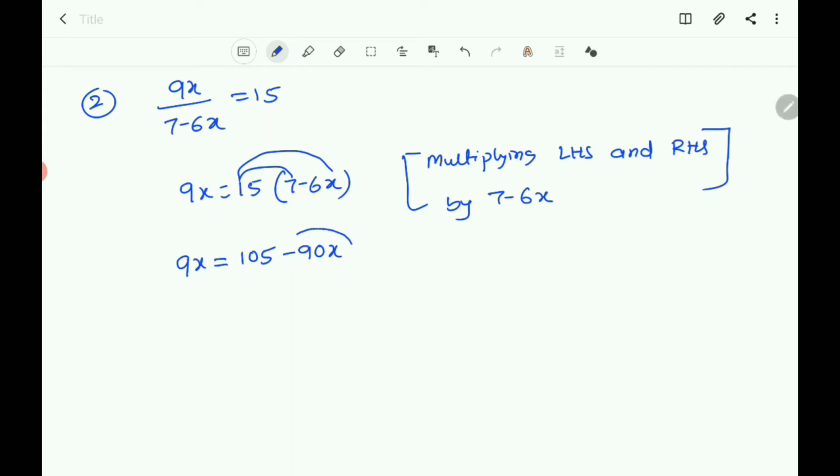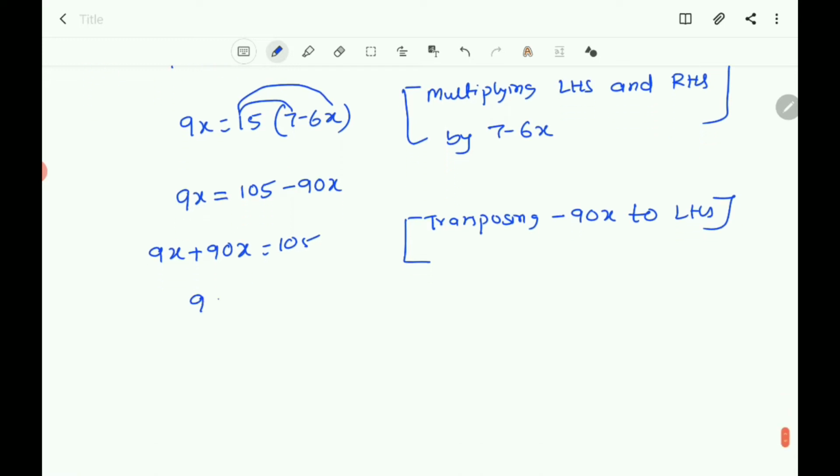Next here again you must transfer this minus 90x to the LHS. So you transfer, that becomes 9x plus 90x is equals to 105. What I have done here is transposing minus 90x to LHS.